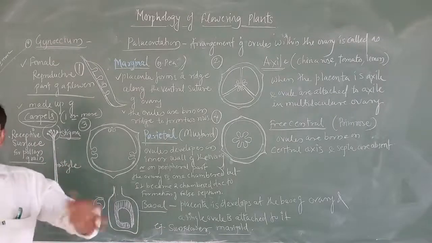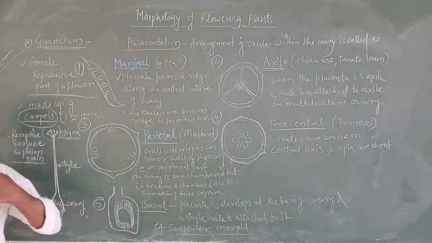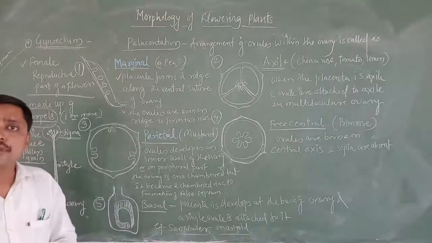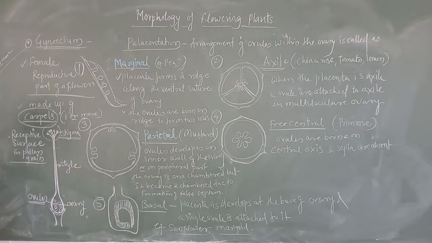The pollen grains of one flower go and deposit on the stigma of another flower for reproduction.